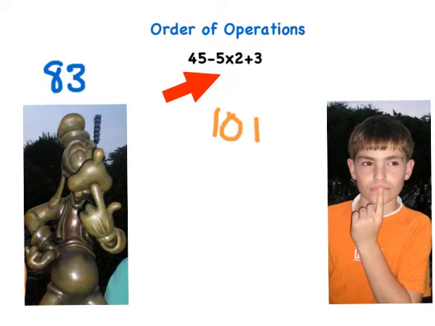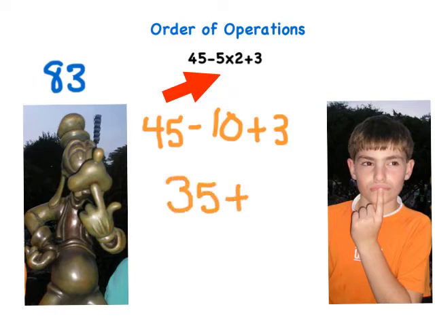And then we will bring down all the symbols and all the numbers surrounding that. So now we have 45 minus 10 plus 3. And now David thinks, well, let's just go ahead and subtract 45 minus 10. That gives us 35. And we will add 3 to that. So my final answer here is 38.